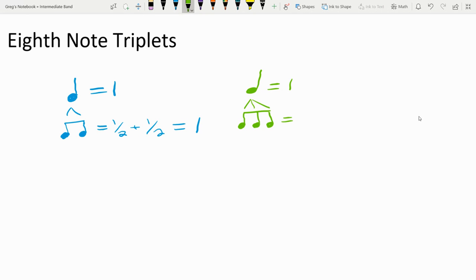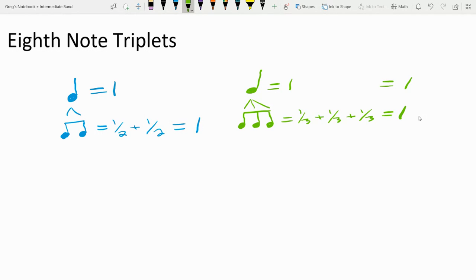And so that would be like saying I have 1/3 plus 1/3 plus 1/3. And then if you have 3/3, that of course equals one beat, and this still equals one beat.